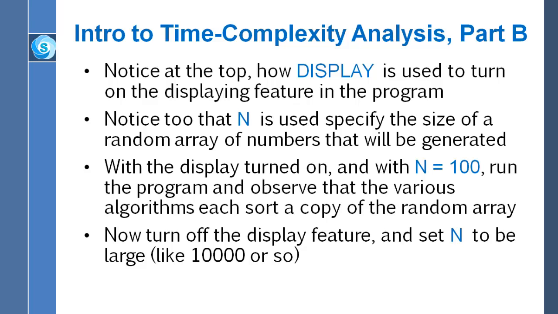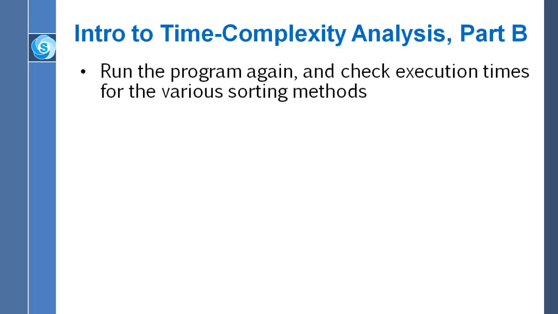So that will randomly generate an array of 10,000 doubles, and then it will call each of the sorting algorithms in turn to sort a copy of that array, and it will measure the time involved in doing each of those sorts. Do that. If you do that, I think you're going to be quite impressed.